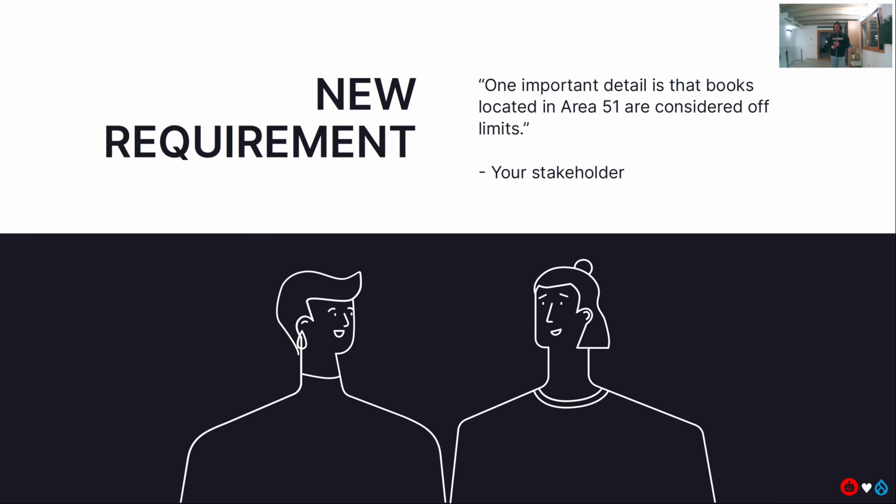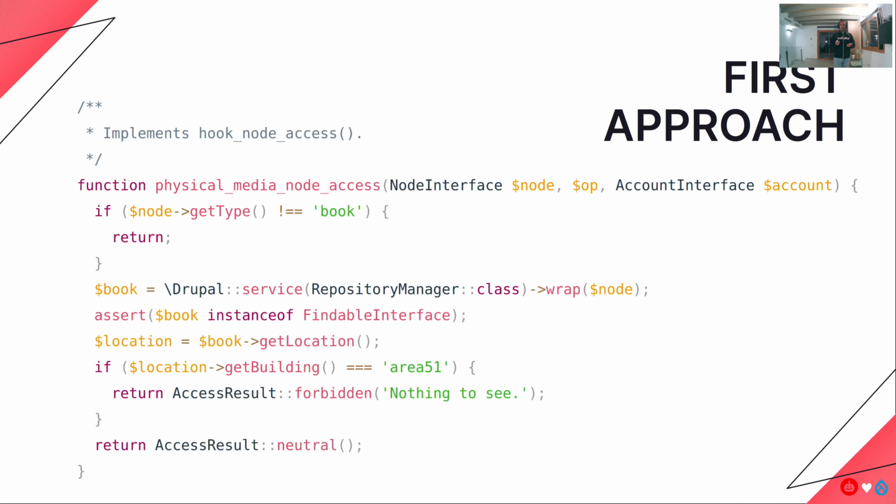So we said this is about custom code and business logic, and so we're going to start with how it would start in your day-to-day. Your stakeholder comes in and says, we have a new requirement, and it is very important that all books located in Area 51 are considered off limits. Don't ask, just do it. And you get right into it.